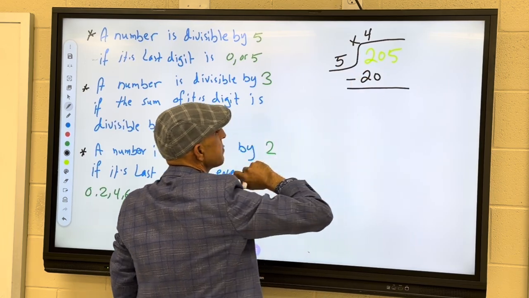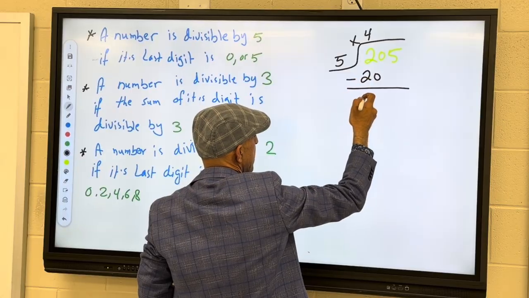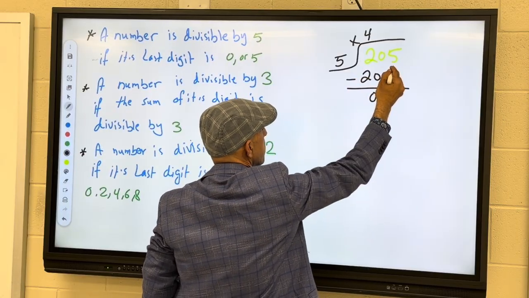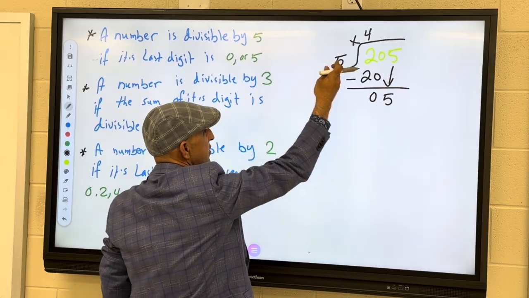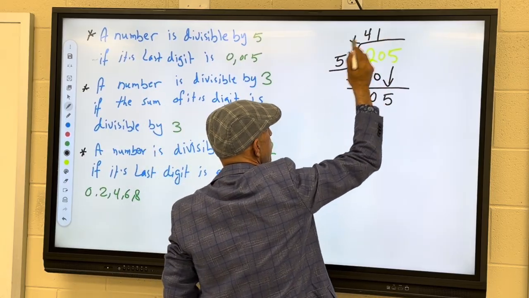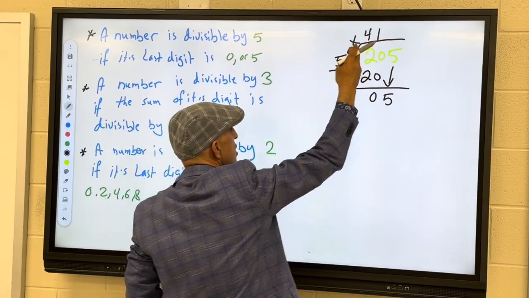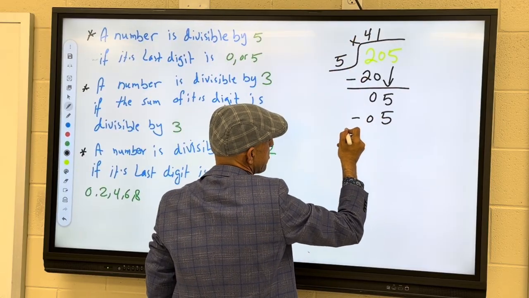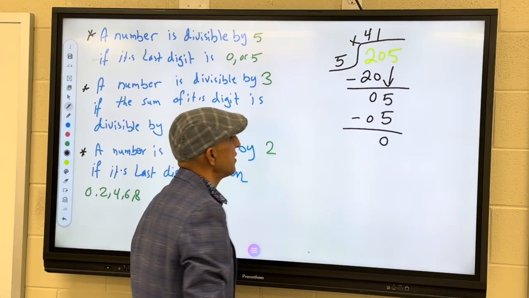You subtract, and 20 minus 20 is 0. Take the 5 down. Now 5 divided by 5 is 1, so there's one 5 in 5. So 1 multiplied by 5 is 5. Subtract, and the answer is finally 0.